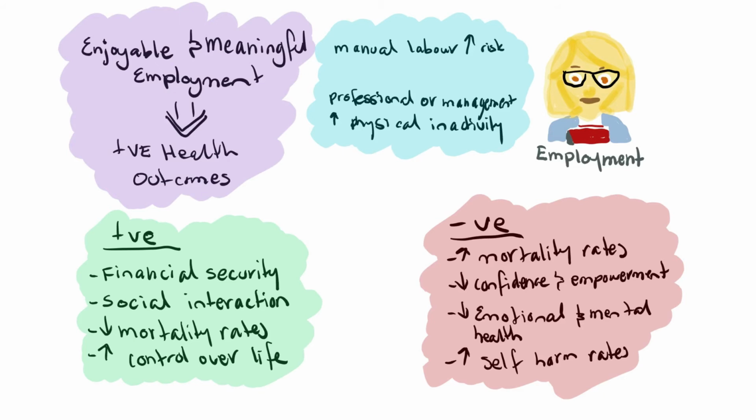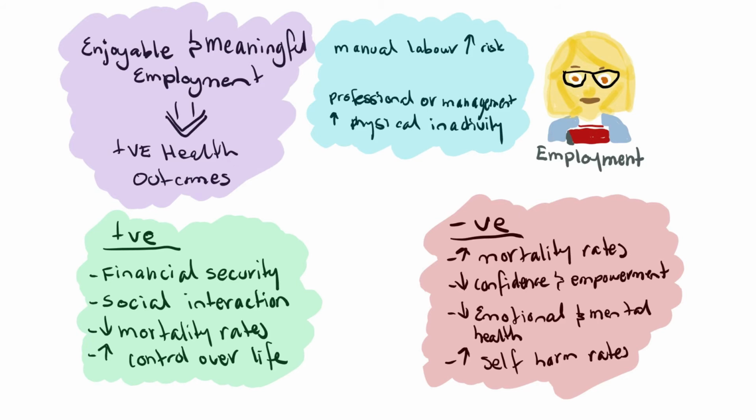So if we look at the positive and negative impacts of employment on an individual's health outcomes, we can see that if an individual is employed, they are able to have financial security. And this financial security gives them access to health services, housing, water, that sort of thing.